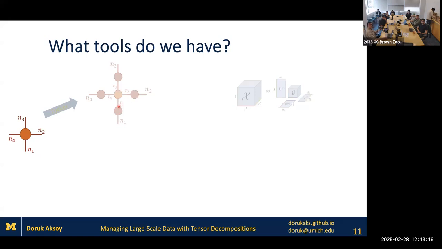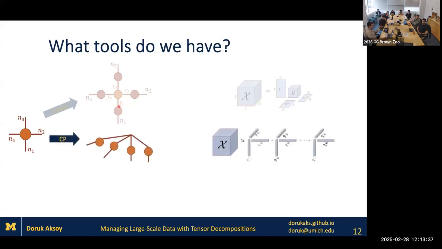But the problem with Tucker is that you still have an exponential relationship between the number of dimensions and the memory, even though the exponent of dimensions is on the rank side. It can get out of hand quickly if you're dealing with data of very large dimensions. On the other hand, we have the CP decomposition, which approximates a four-dimensional tensor as a rank R outer product of four vectors.